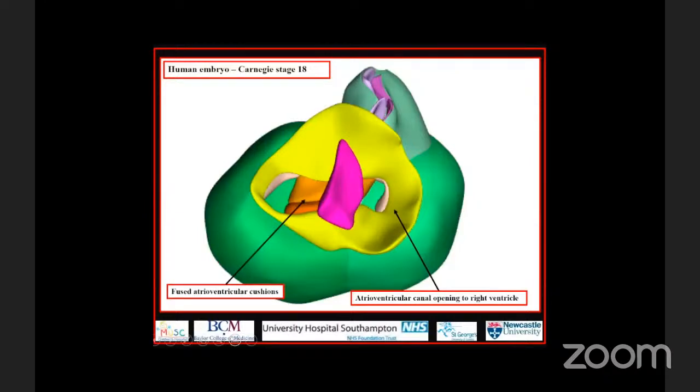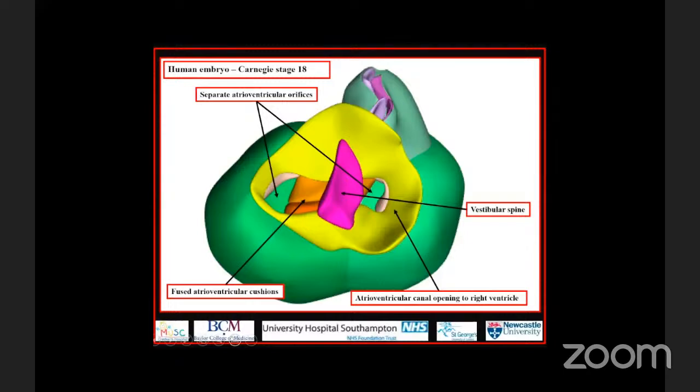You'll also note that we're showing you fusion of the atrioventricular cushions, and that has separated the common atrioventricular junction into its right and left orifices. But then, purply pink, you see the vestibular spine. And we're showing you that because the vestibular spine has reinforced the attachment of the atrial septum onto the atrial surface of those atrioventricular cushions, and it is that process that has given us the separate atrioventricular orifices.